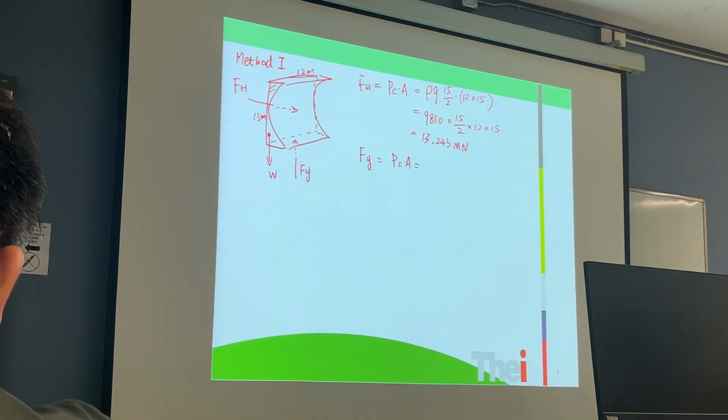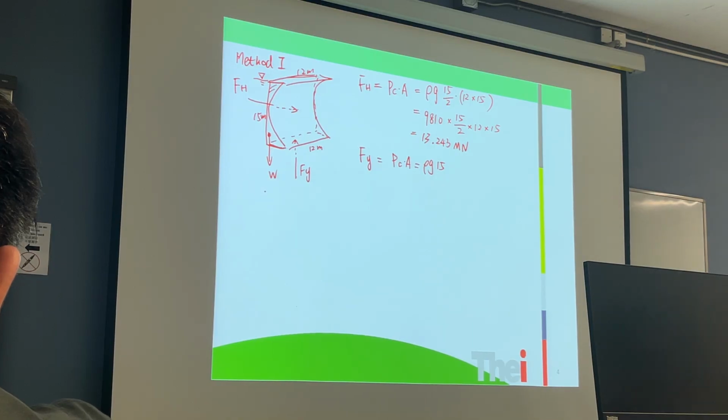The pressure at the bottom is calculated from the full height, from the water surface to this level, 15 meters depth, rho g times 15. The bottom's area, this length is 12 meters, but this length is to be determined.